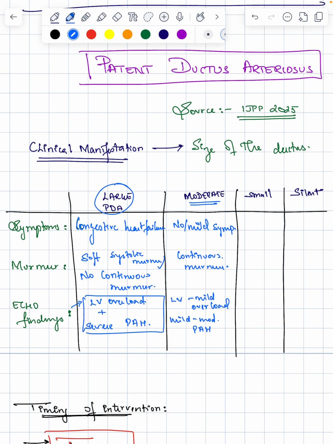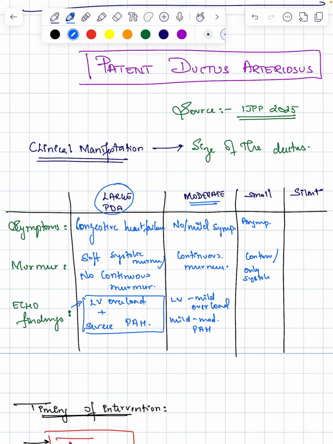In a child with a small PDA, the child will be asymptomatic. There won't be any significant murmur, or the child will have a continuous or only a systolic murmur.